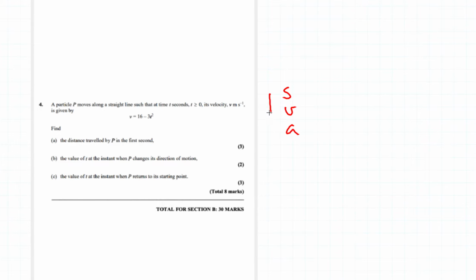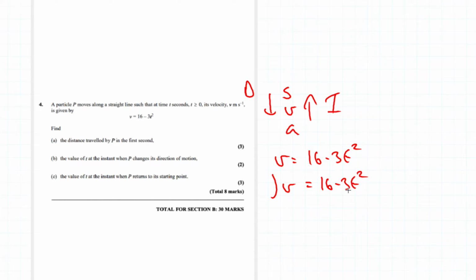And to go between them, we differentiate to go down, and we integrate to go up. So here, when you've got v equals 16 minus 3t squared, if you want to find the distance, you're going to have to integrate this. This is because if we have S, then v is equal to ds/dt, and a is equal to dv/dt, which is equal to d2s/dt squared.